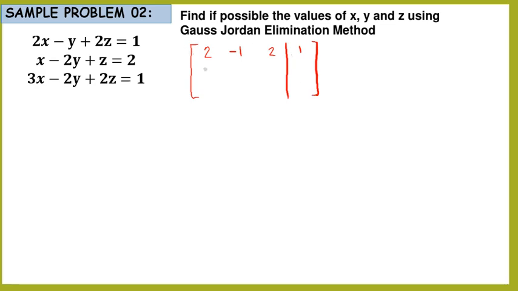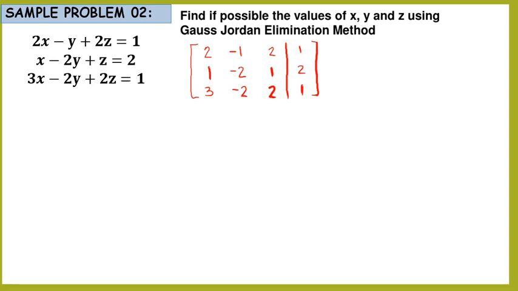And then for our second row, x, 1. Y, negative 2. Our z is 1 and the constant of 2. And then our third row, our x is 3. Our y is negative 2. Our z is 2 and our constant equal to 1.